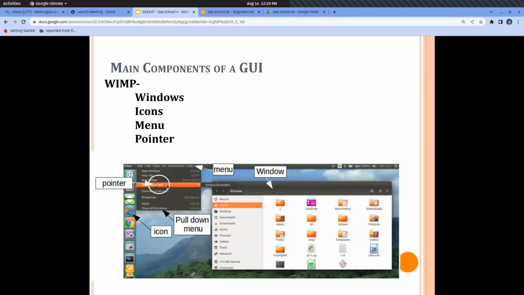What is the pointer? The pointer is this arrow sign. Icon is this one, and the window. Some small windows are there. On the desktop there may be more than one window.